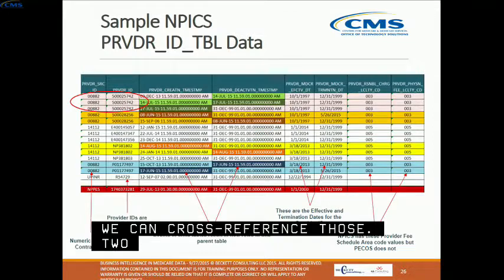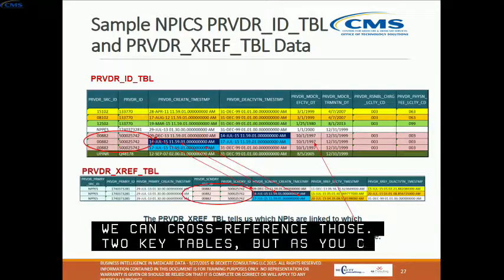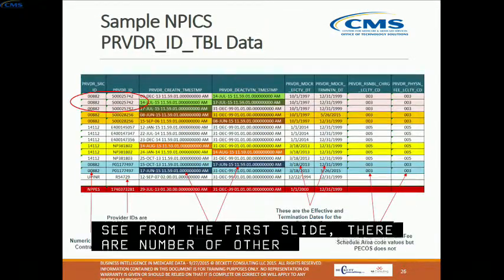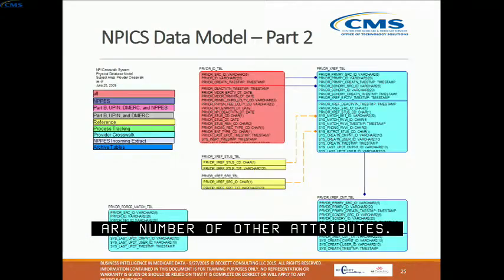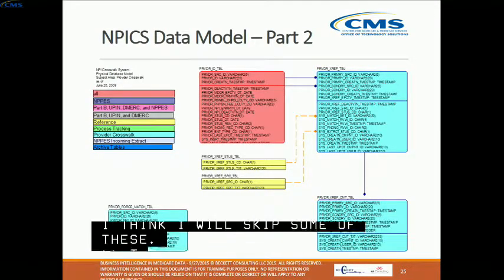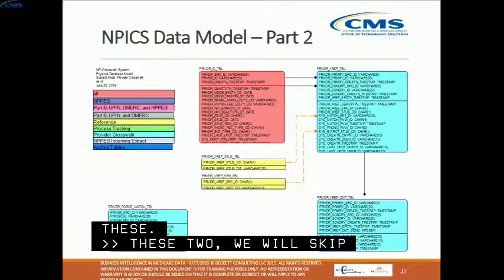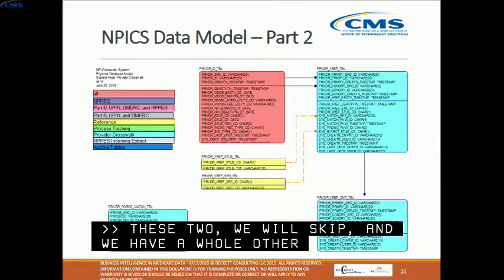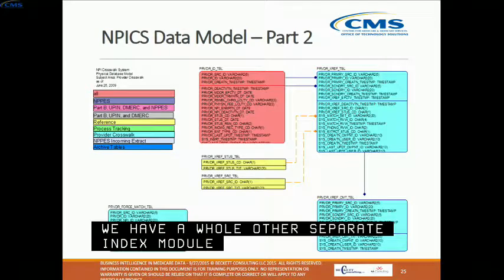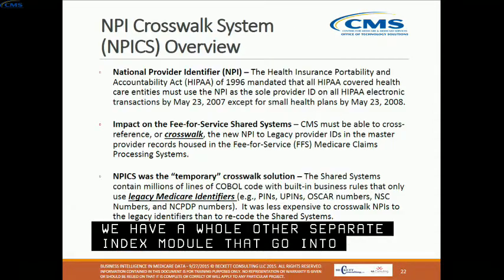Can I suggest we skip these two here, because we have a whole separate NPICS module that goes into detail about NPICS and the data. So if you're interested in that, we can go ahead, because that gets pretty detailed.